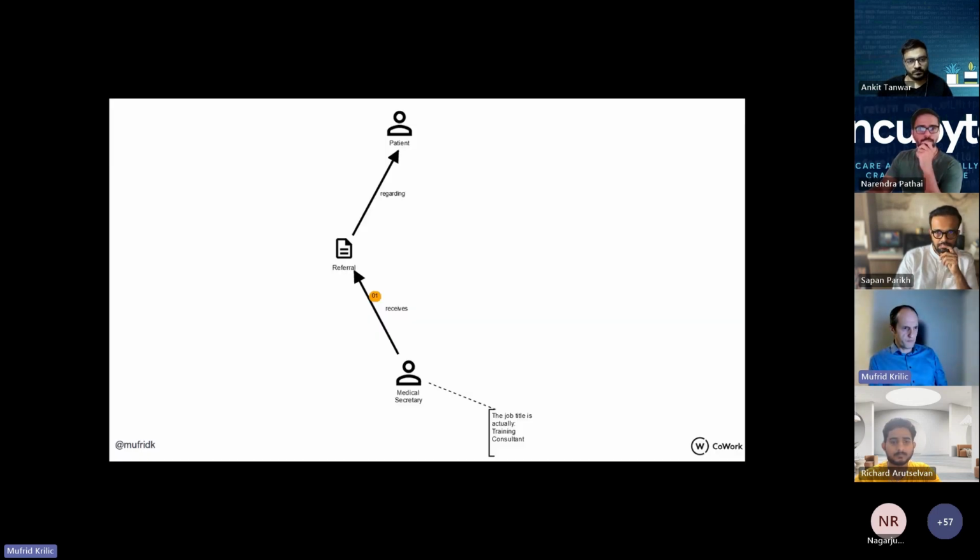So, okay, planning of the group in this rehabilitation center starts with the medical secretary receiving a referral regarding the patient. And we are in this collaborative modeling session, and at the very beginning, we are talking with domain experts.